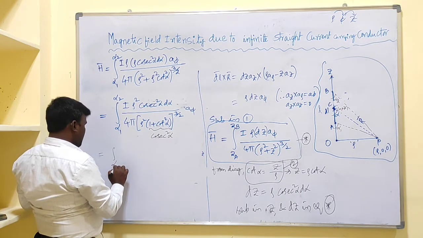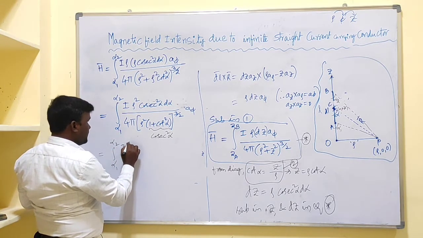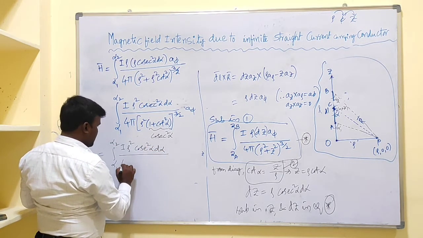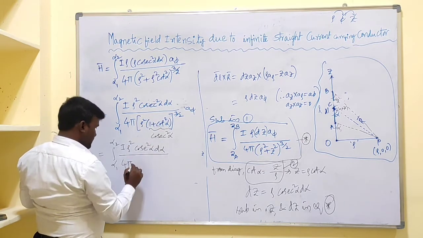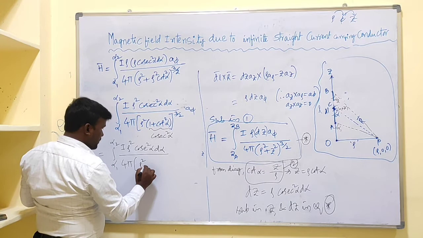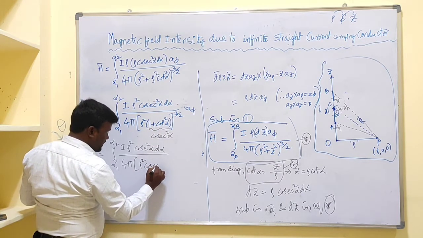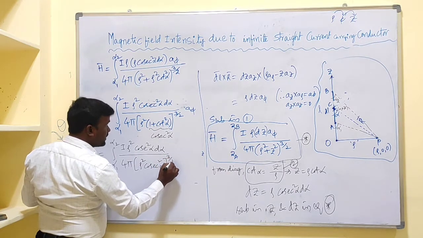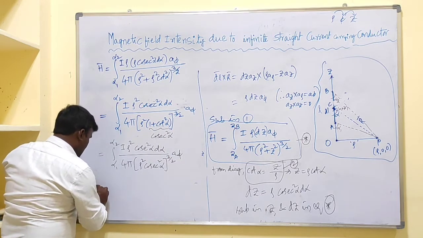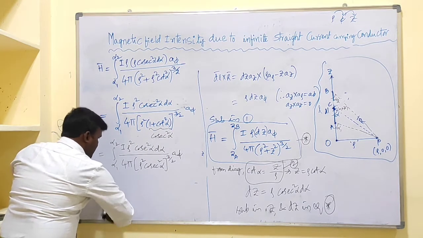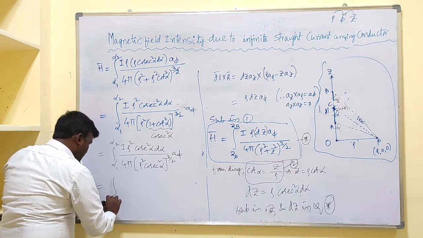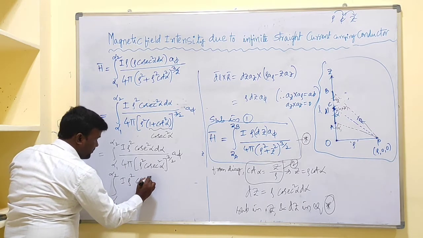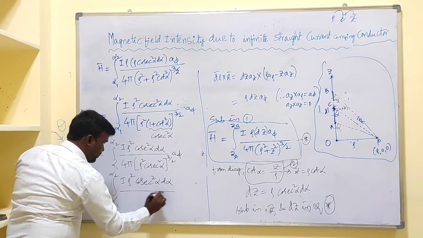That is the integral from alpha 1 to alpha 2 of I into rho square cosecant square alpha d alpha, over 4 pi times rho square, 1 plus cot square alpha which is cosecant square alpha, whole power 3 by 2, into a phi.